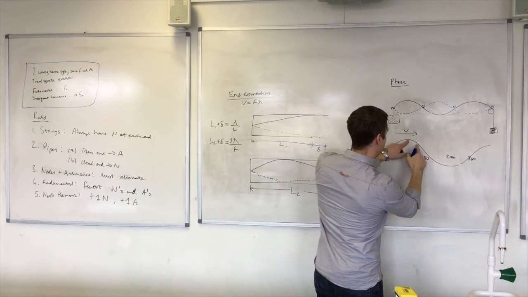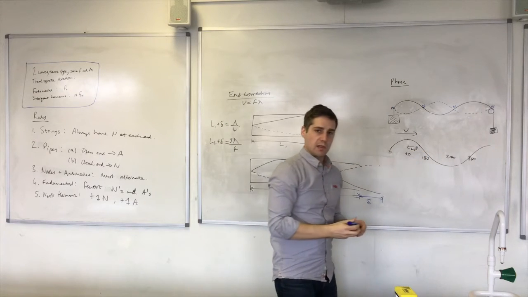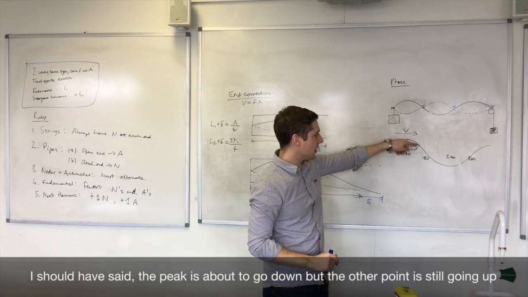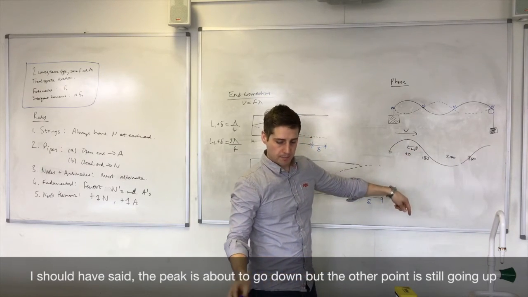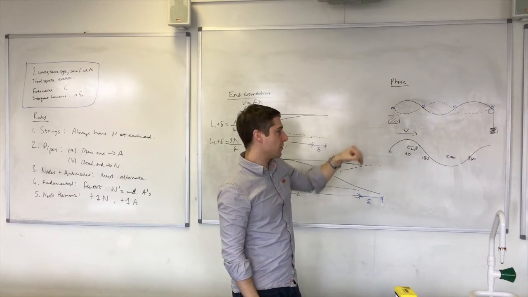So these two here would be 45 degrees out of phase with each other, for example. Because this one is at a peak and it's about to start coming down, this one is already going down. Whereas these ones are all going in sync with each other.